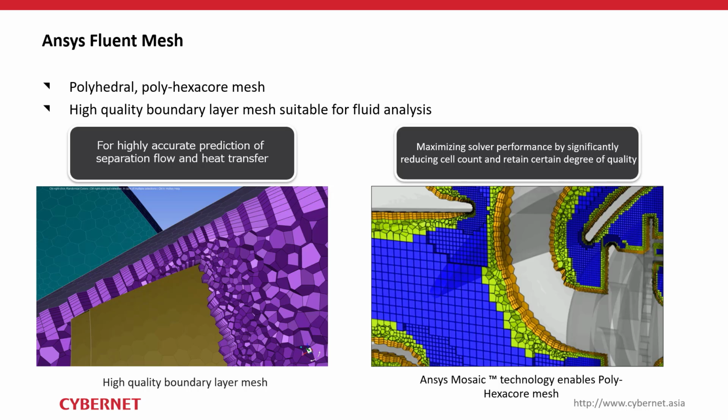But if you are trading off between accuracy and performance, you can combine different kinds of elements together. You can maximize the solver performance by reducing the cell count and retaining a certain degree of quality by combining the polyhedral and hexacore mesh together using the mosaic technology, which is available inside Fluent.